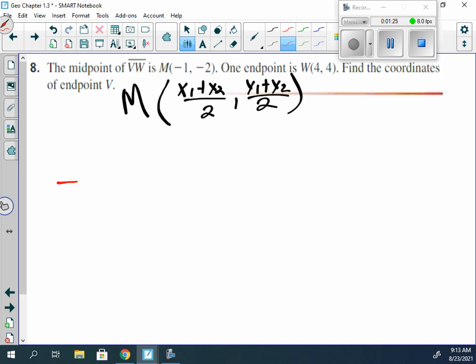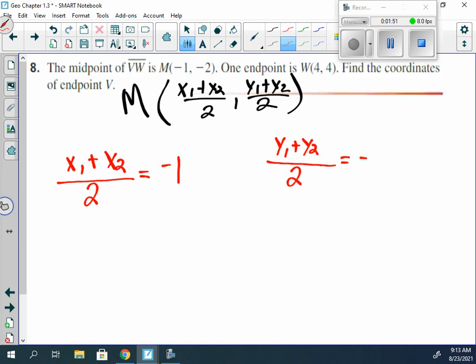From what we know, if I plug in the two x values of the endpoints and divide by 2, I would get the x value of the midpoint. What is the x value of the midpoint? -1. They told us what the midpoint is for the x value and y value already. So that also means that y1 plus y2 divided by 2 is -2. They told us what these two equations would equal, but they didn't give us both of the endpoints.